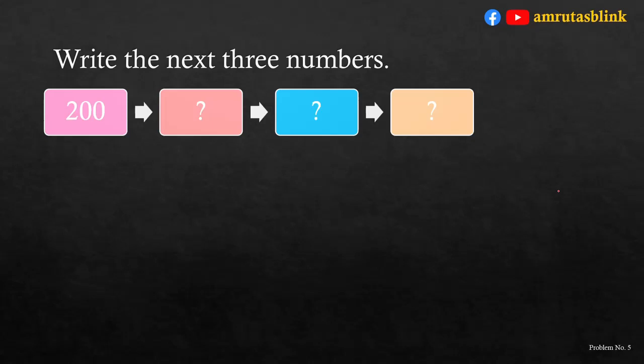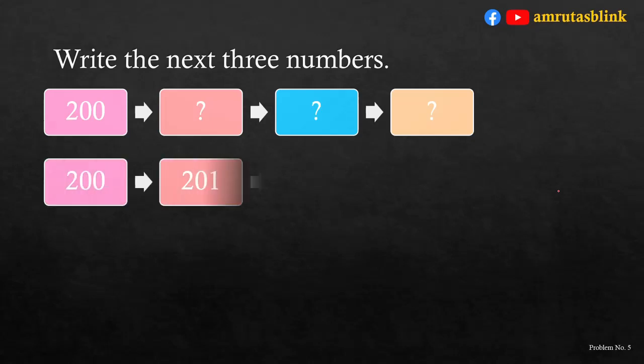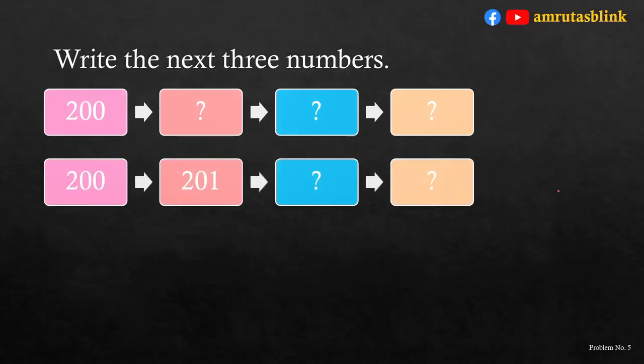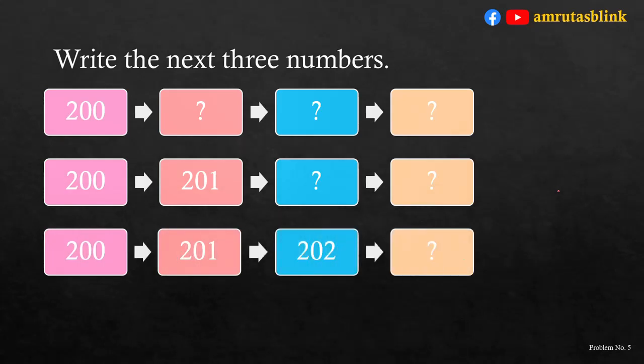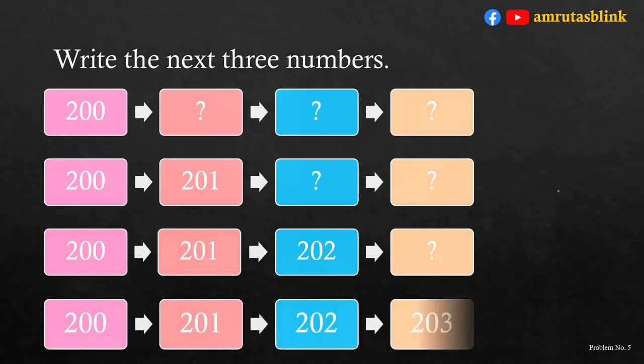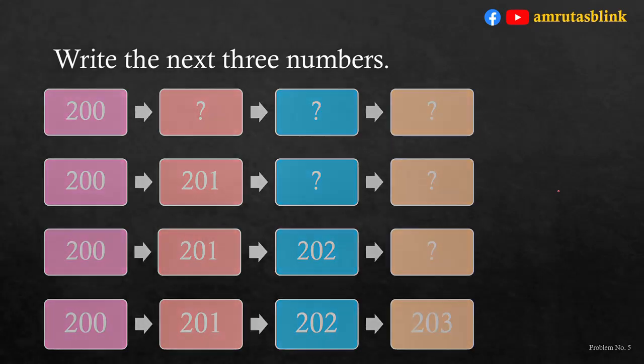Now similarly for 200. 200 plus 1 will be nothing but 201. 201 plus 1 will be 202. Now 202 plus 1 will be nothing but 203. So the 3 numbers which follow 200 are 201, 202 and 203.